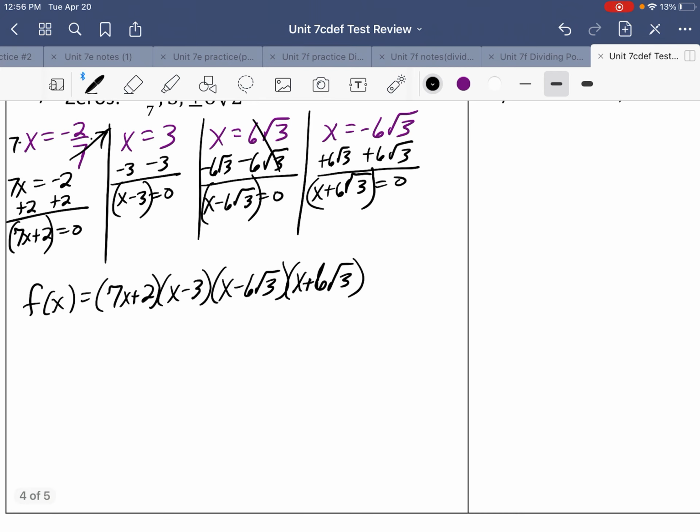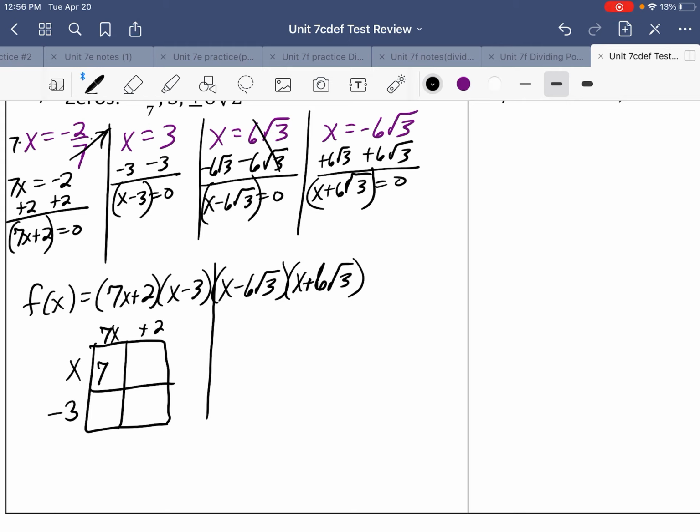And now we have to look at multiplying this out. You can only multiply 2 factors together at a time. So I'm going to split this up so there's 2 factors on each side of my line. And that will tell me that I can multiply both of them, but they're going to be separate. 7x plus 2, x minus 3. 7x squared, 2x, negative 21x, negative 6.